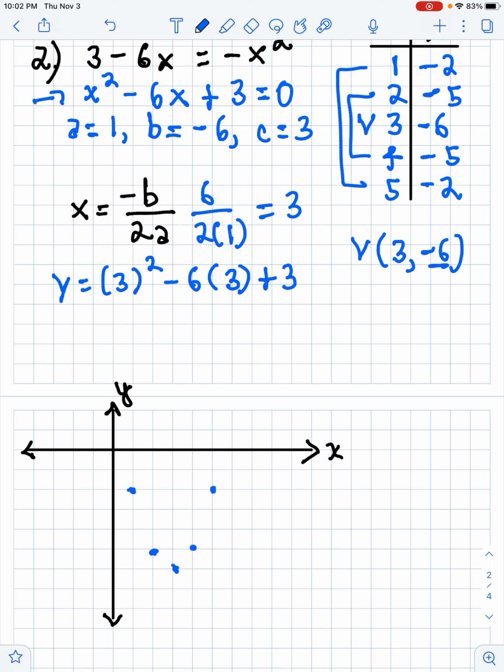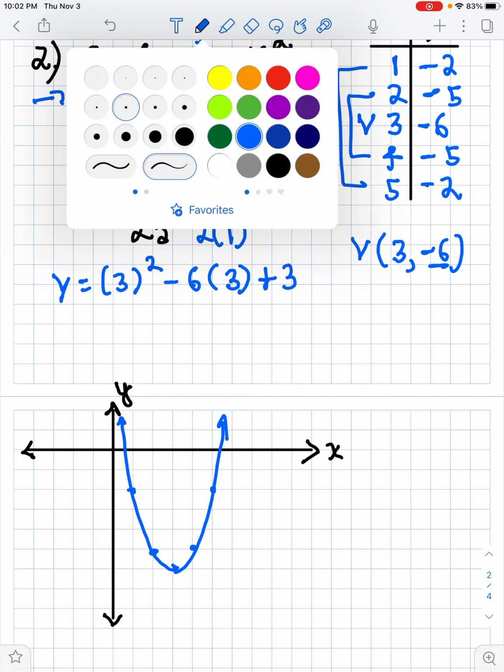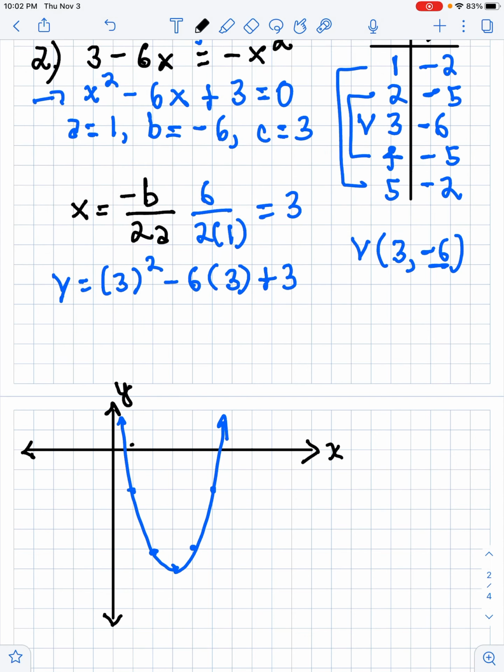Now I project that I'm going to cross the x-axis somewhere there and probably there, meaning my solutions are right here and here, which means they're between two integers.